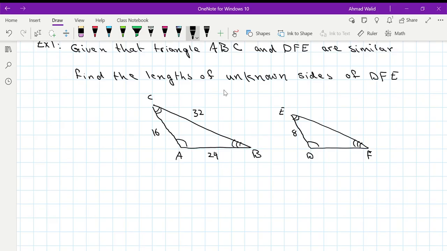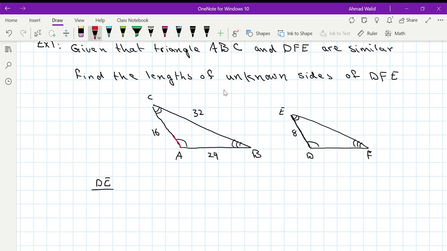Correct? Based on the second condition, we know that the ratio of corresponding sides must be equal. Then I can write: DE over the corresponding side. What is the corresponding side for DE on the next triangle?